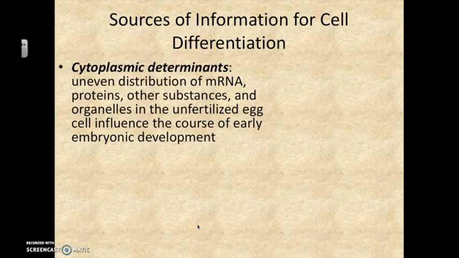All of this is unevenly distributed. So there are essentially these concentration gradients of these molecules in the egg cell. And these molecules can influence the course of early embryonic development. It's a form of information that's going to tell those embryonic cells what to become and where to go in the body.